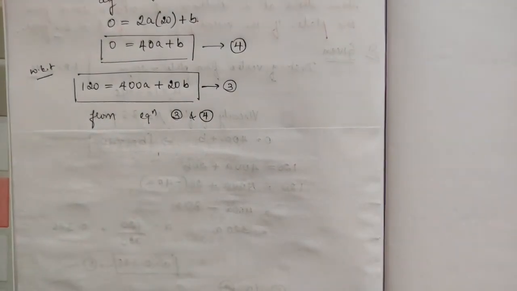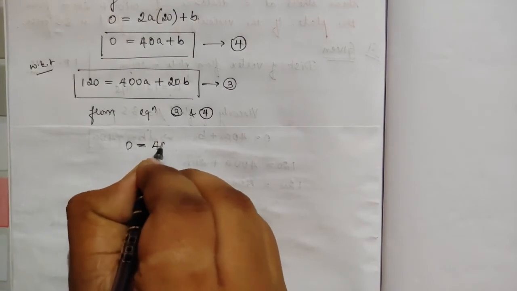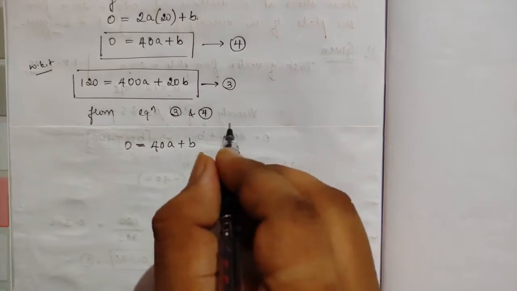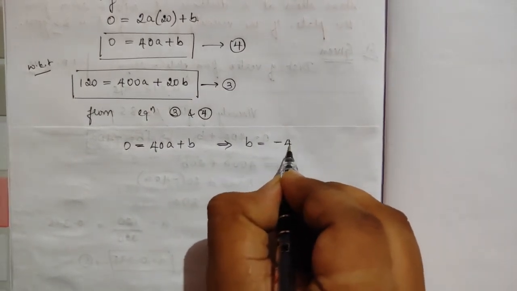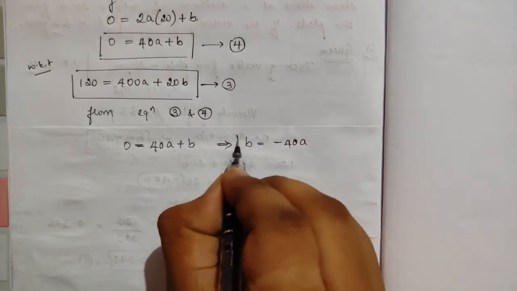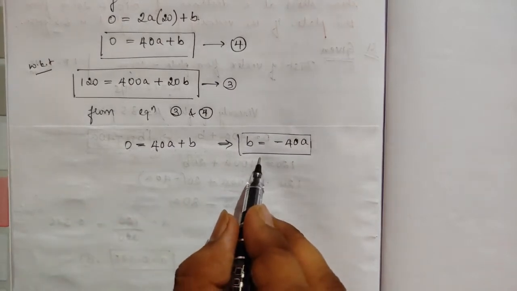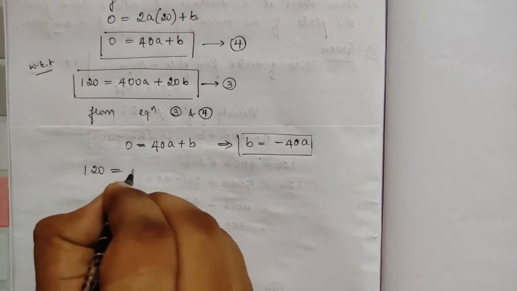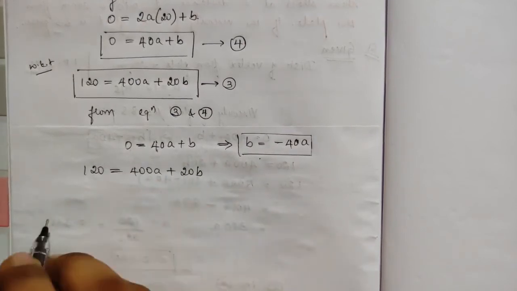Now, 0 is equal to 40a plus b. From this I can convert b in terms of a, right? So b is equal to minus 40a. Correct? Now this I'll substitute in equation number 3, that is 120 is equal to 400a plus 20b.